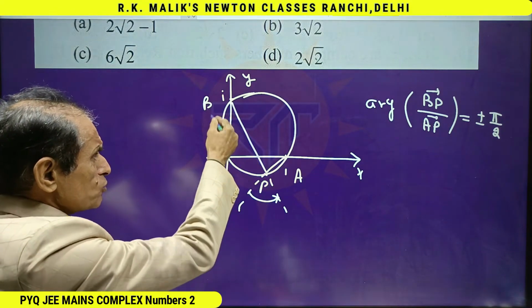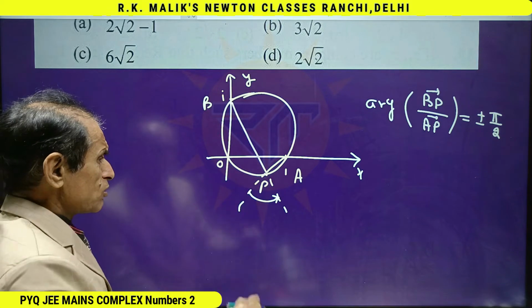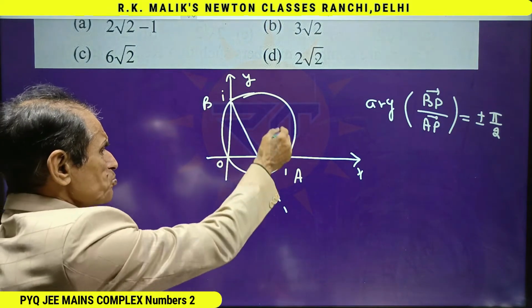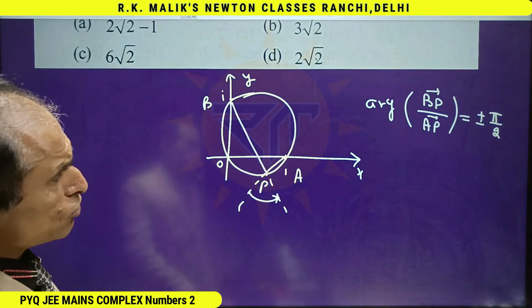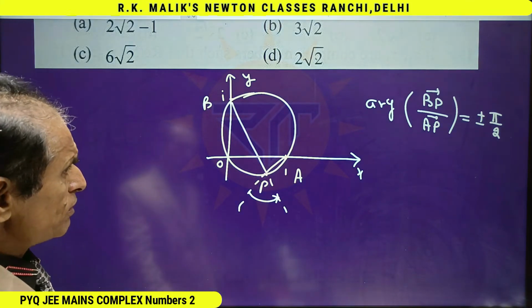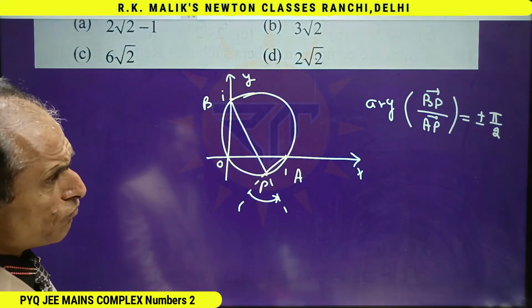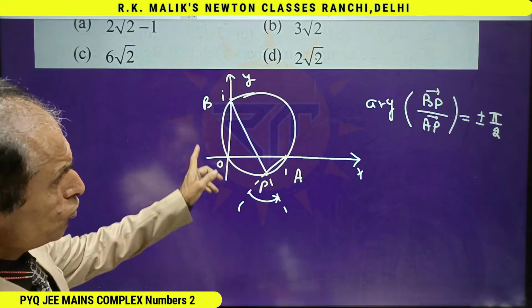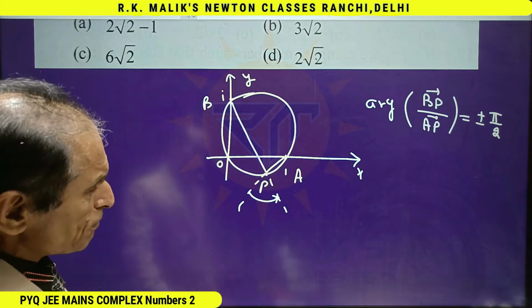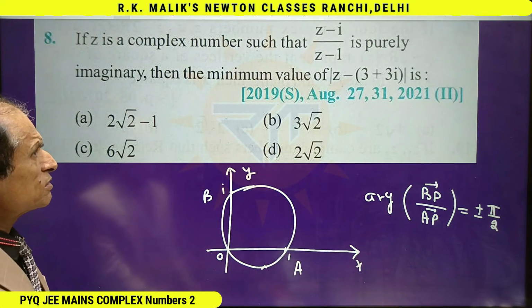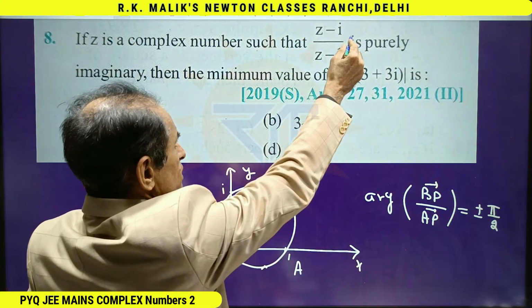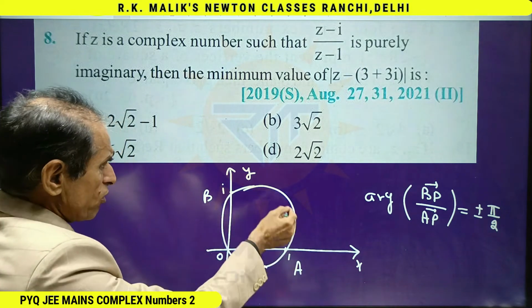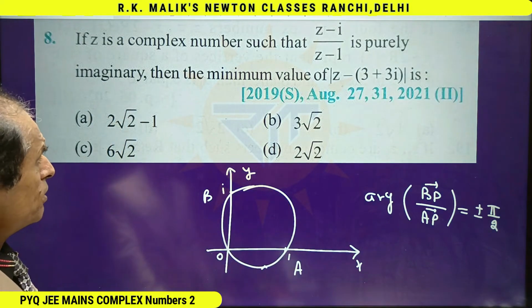This part of the circle you will be getting for answer equal to pi by 2, and this part of the circle you will be getting for answer equal to minus pi by 2. But as a whole, for plus minus pi by 2, you will be getting the complete circle. That is, this will become purely imaginary if Z lies anywhere on this circle.